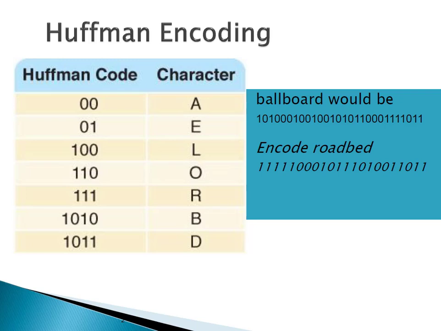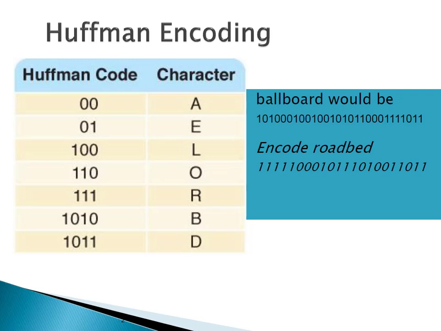So have a look at this Huffman encoding. We've got different characters, A, E, L, O, R, B, and D, and the variable length part of it, with the Huffman code in the first column, shows different lengths of code assigned to different characters. For example, A is coded with 00, which is of length 2, and D is encoded with 1011, which is of length 4.